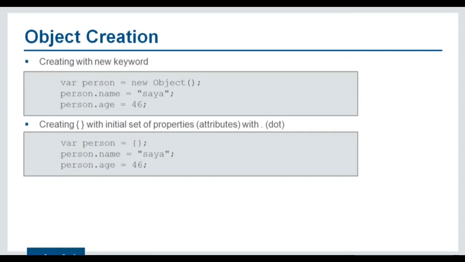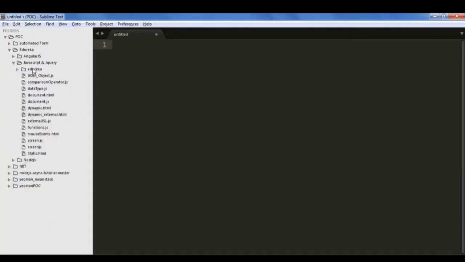Now it's time to add some properties to it. We can define person.name is equal to, say, Saya, and age is so and so. So we've added two properties to this object. Let's try to create this object.